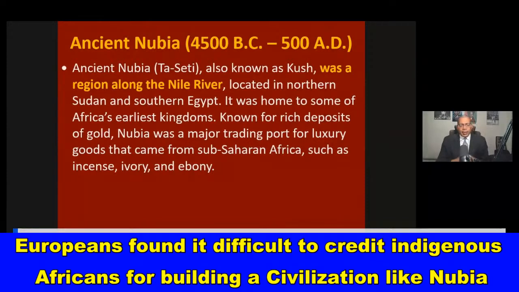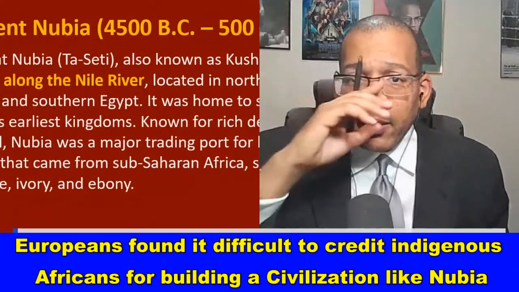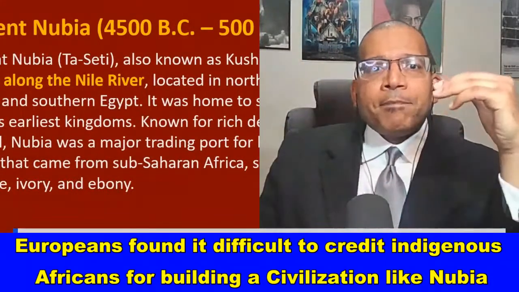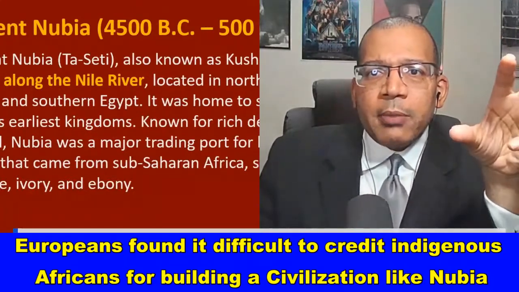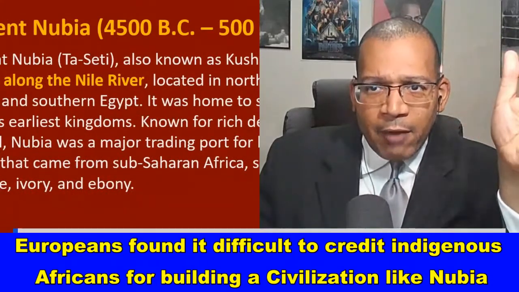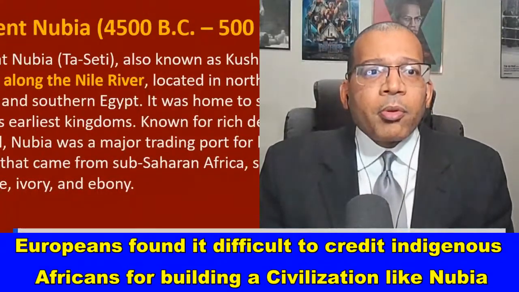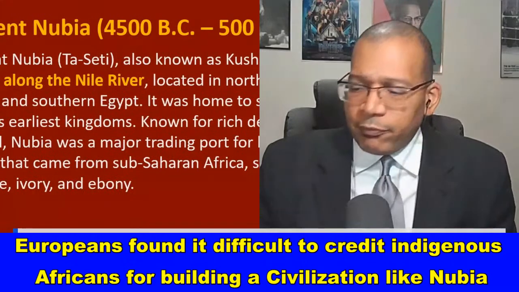Today, the lower portion of Egypt and the upper portion of the Sudan, that is where Nubia was. The geographical demarcations that we see on the map in Africa, the 54 African nations, largely come from the Berlin Conference of 1884 and 1885.